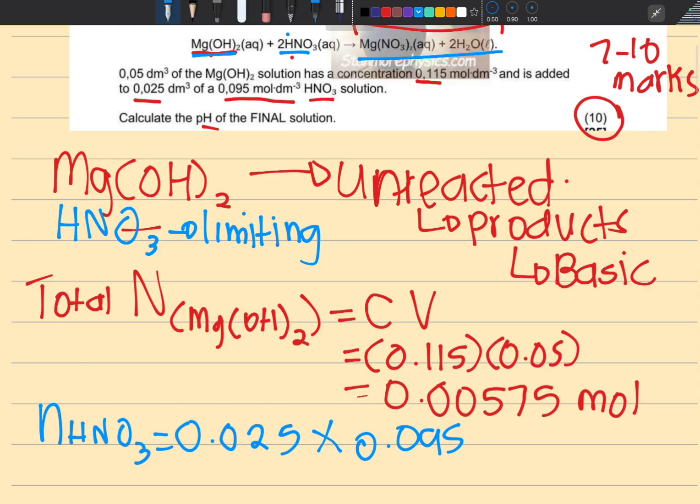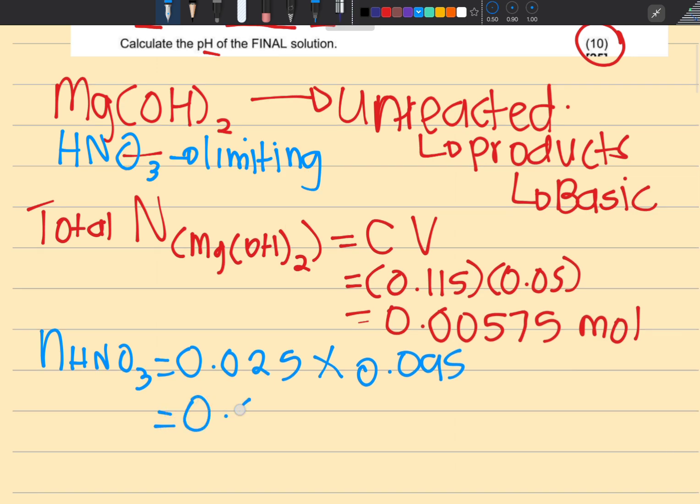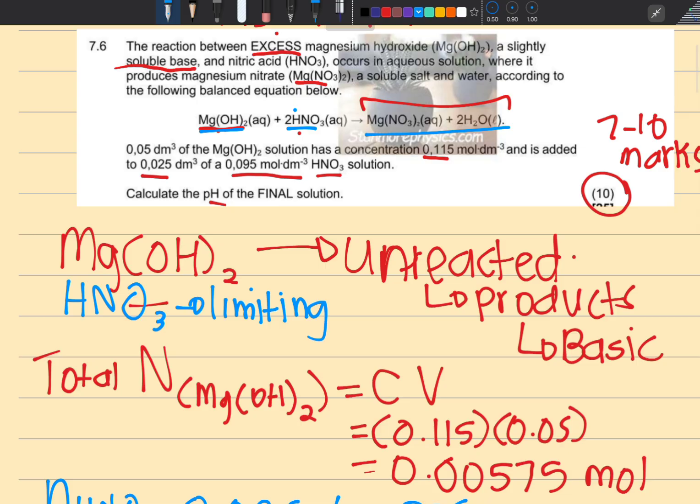So 0.025 times 0.095 gives me 0.002375, which is approximately 0.00238. So these are the number of moles for HNO3. Since it is the limiting reactant, it is the one that will tell us how much of the Mg(OH)2 we need, since it is in excess, to form the products.